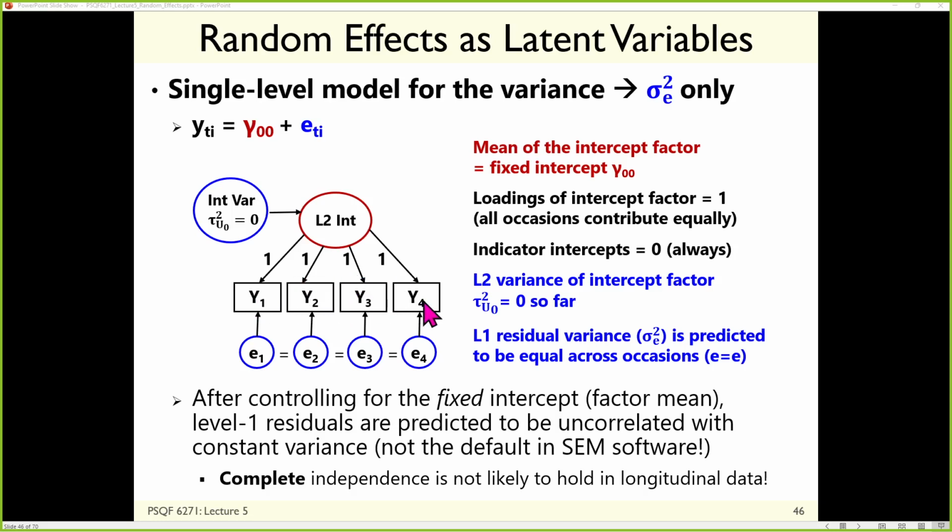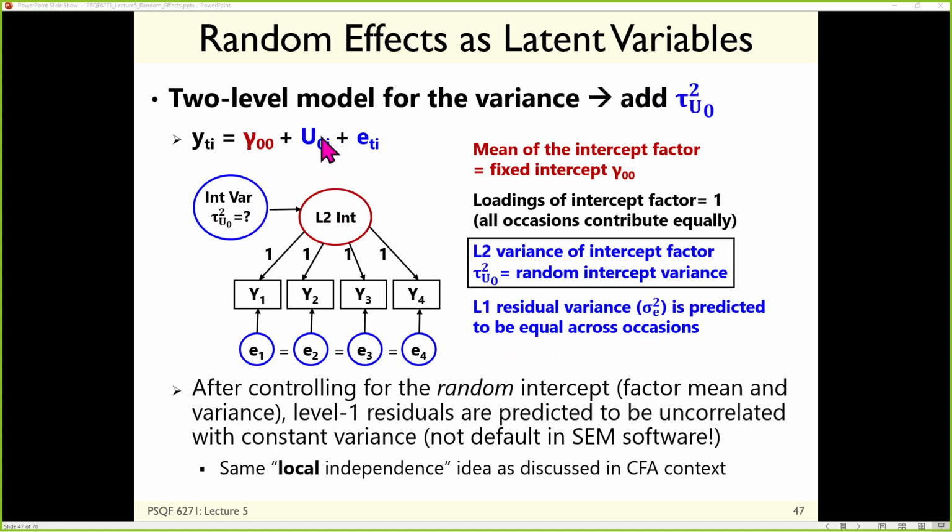So if I have four occasions and I ask a latent variable to be estimated and I fix the factor loadings all to 1 so that each occasion contributes equally, the mean of this latent variable is my fixed intercept, and the variability that's left over down here for my e's is e, because at this point there is no variance to this latent variable.